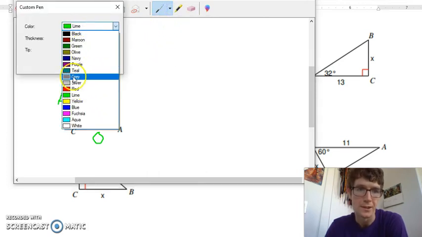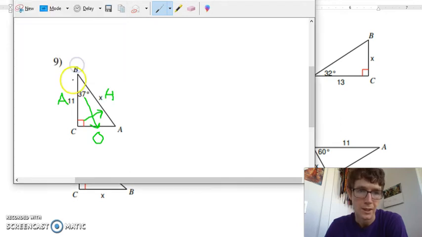So let's see. First things first, we're trying to find x. We're trying to find our hypotenuse. So we know the adjacent. So real quick, we always go back to our SOHCAHTOA to figure out what equation we need to use.